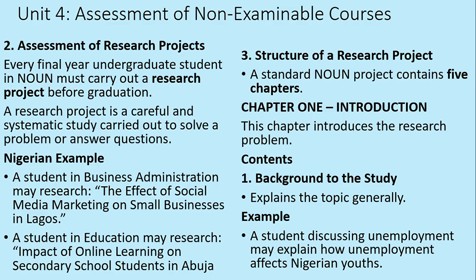So this research project is a careful and systematic study that is carried out to solve a problem or answer questions. An example of this is a student in business admin who may research the effect of social media marketing on small businesses in Lagos. This is an example of a topic that you can write on as a business admin student.